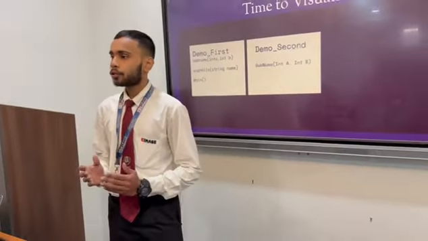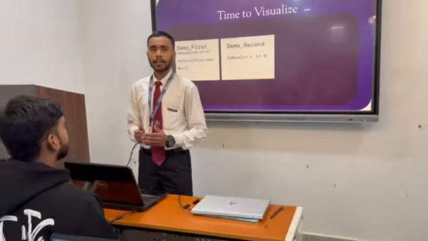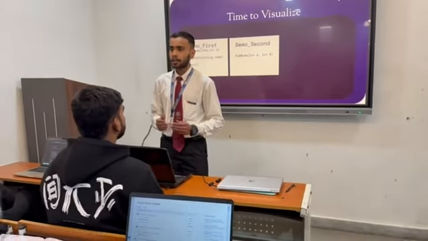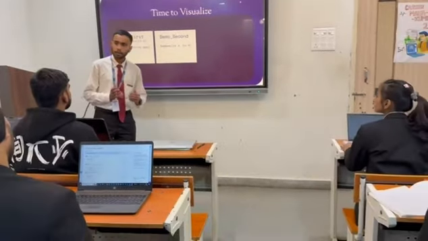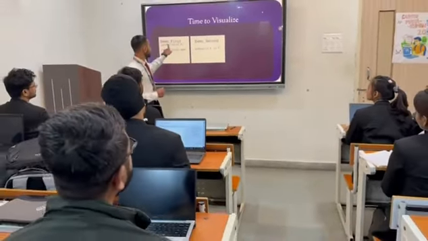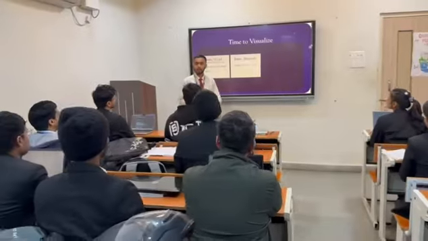We require you to utilize the object-oriented concepts that are used in C sharp. Here are the class diagrams that I want to introduce you to: demo first and demo second. There are two classes.